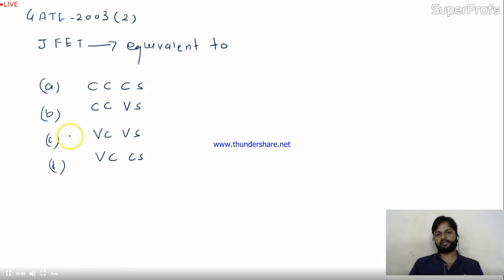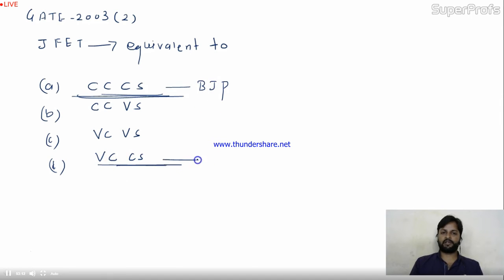Do you remember it? Current control current source is BJT, and FET is voltage control current source. At the output we are getting current only. So this is FET. Is it okay? So for the FET, the input resistance is infinity.